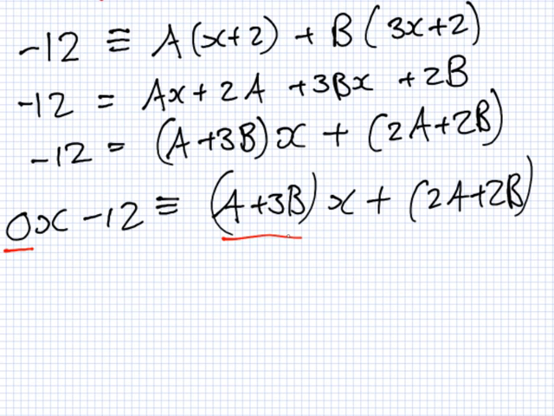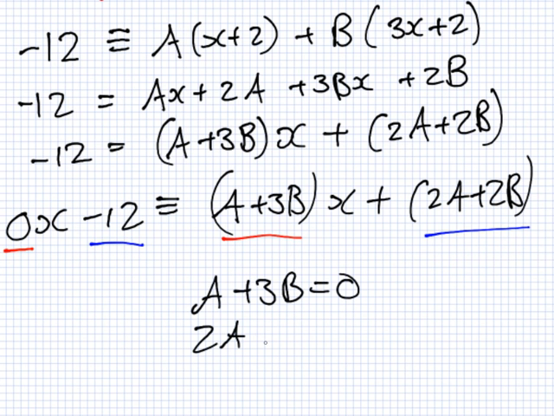If these are the same, then a plus 3b must be 0. On the left, I have minus 12. And on the right, I have 2a plus 2b. If they're to be the same, then they also must be the same. So we have a plus 3b should equal 0, and 2a plus 2b should equal minus 12.